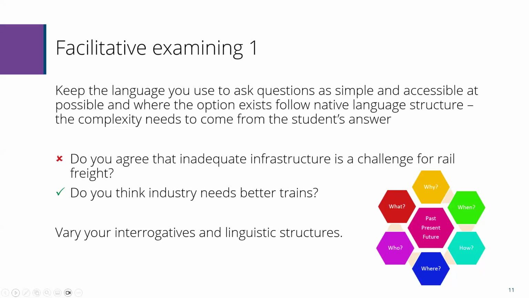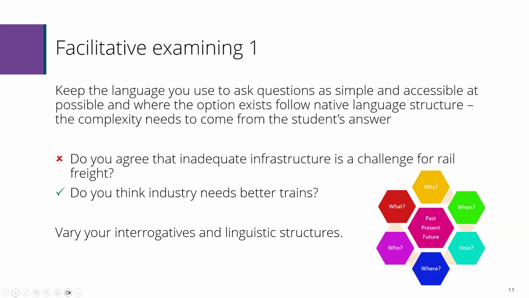What and who, where, maybe when would tend to elicit factual information, but how and why would elicit understanding of context and of deeper issues. So varying the interrogatives is helpful, and also trying to vary the time frames, past, present, and future, that you use in your questioning, which gives students the opportunity to show that they can use different linguistic structures, that they can move across time frames in the way that they speak.